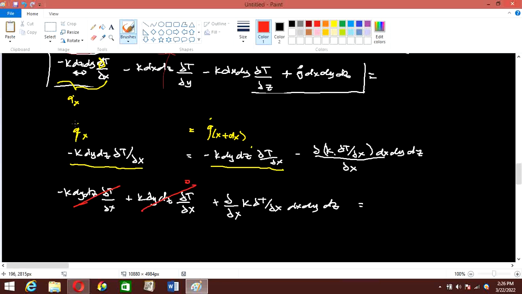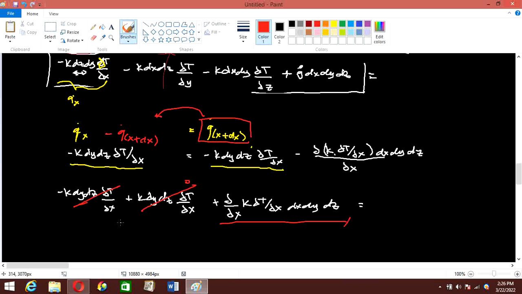So if we will have this expression, and we move our q leaving the system to this side, then this expression will remain, right?